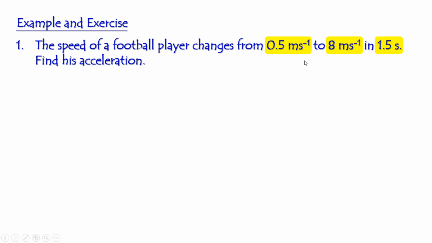From 0.5 meter per second to 8 meter per second: the first one should be the initial speed, and the 8 should be the final speed, right? And obviously 1.5 seconds is the time. So these three quantities represent U, V, T in the equation, and then you have to find the acceleration. Is it okay? Firstly, fully understand what the question talks about, and then you can apply the equation.